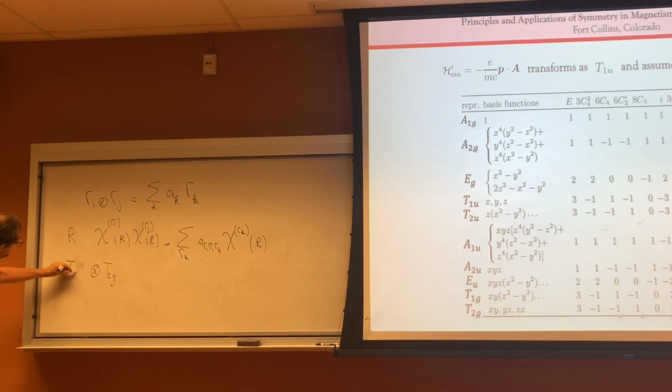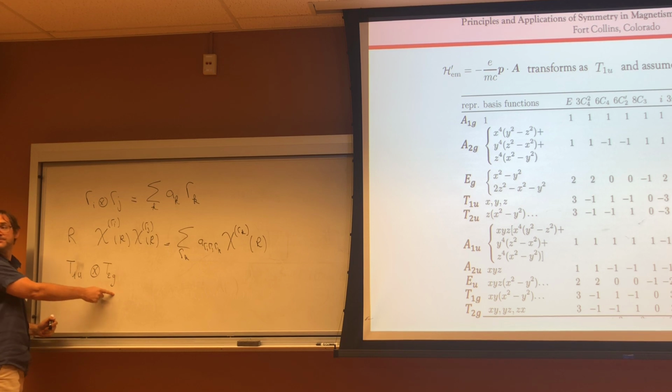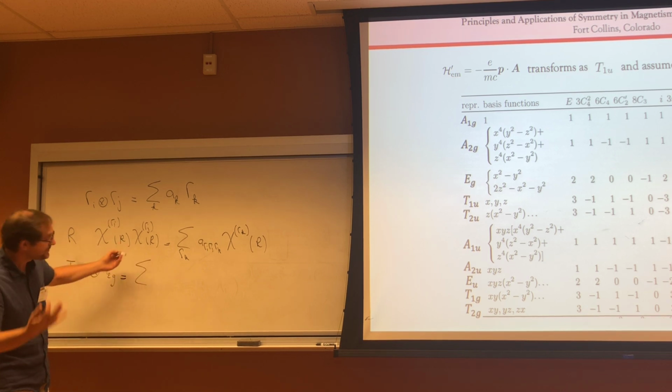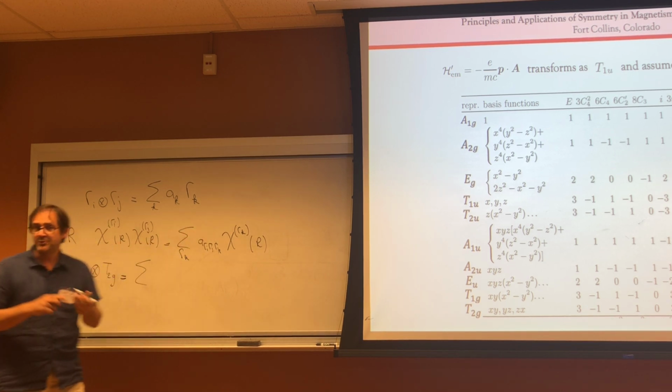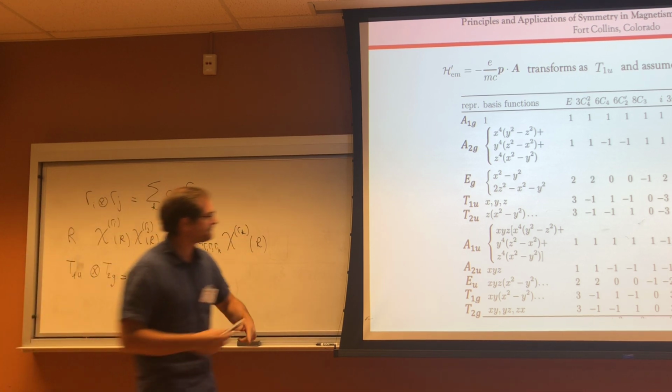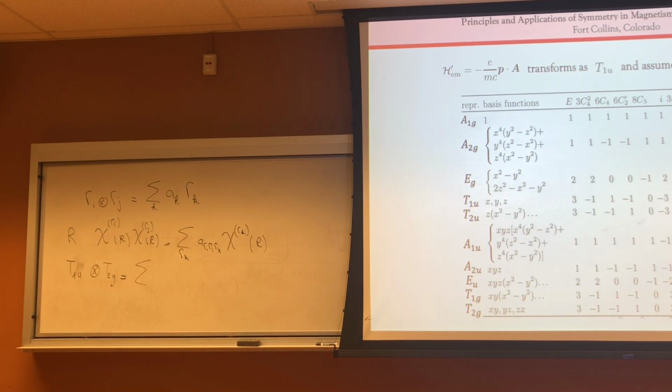So when I apply this excitation on my state, I'm going to have this product. What I want now is to decompose it over all the other representations of my system, and that will tell me where my state can go. So I'm going to have optical selection rules just by looking at my character table. It doesn't tell me how much it works, it just tells me that it works.